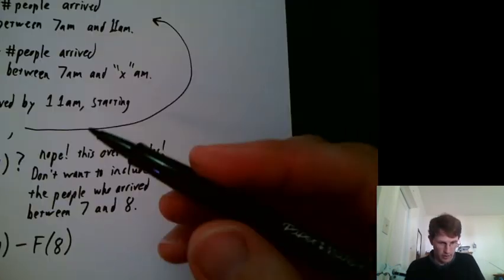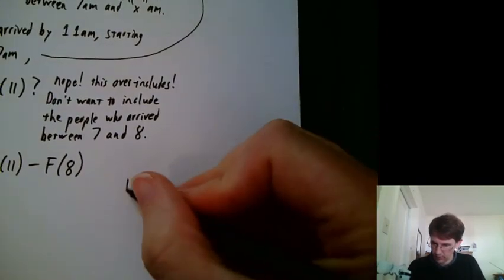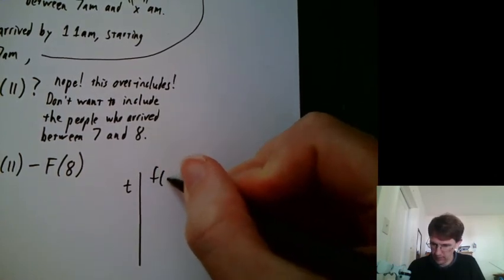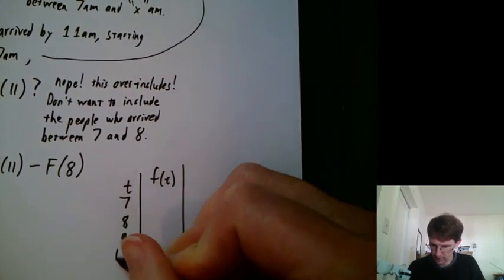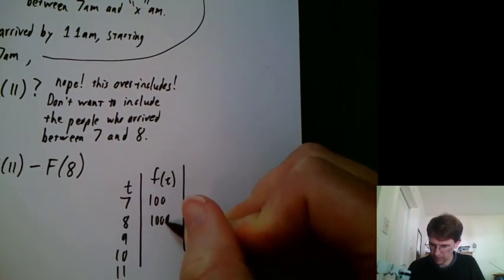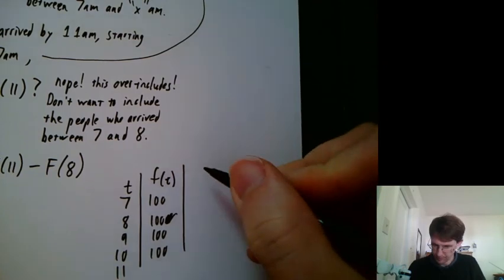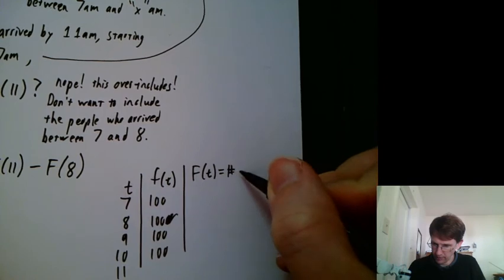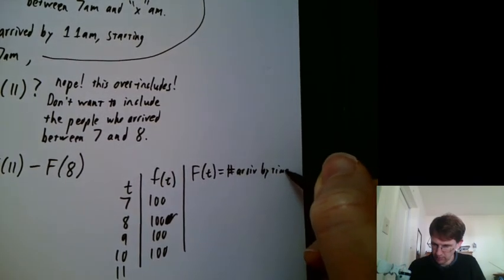Another way to think of it would be to say, if I have t and the F of t, let's say 7, 8, 9, 10, 11, and let's just say it's 100 people per hour. So F of t would be the number of arrivals by time t.